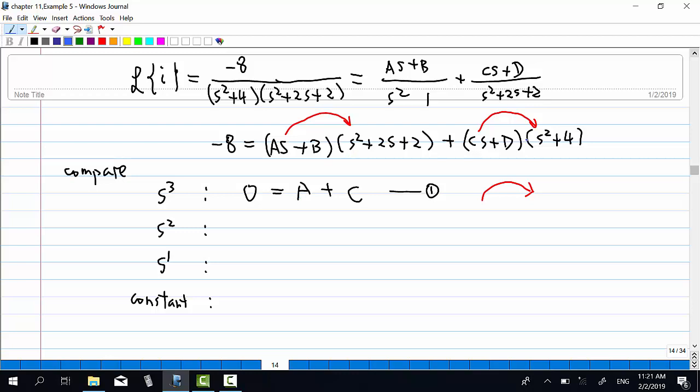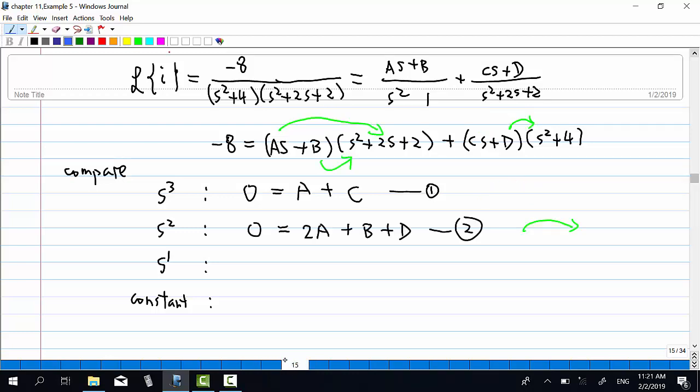Cs times s², you get cs cubed. So this is the first equation. Then compare s squared. Left hand side, there is no s squared. Right hand side, there is as times 2s, you get 2a s², b times s², d times s².